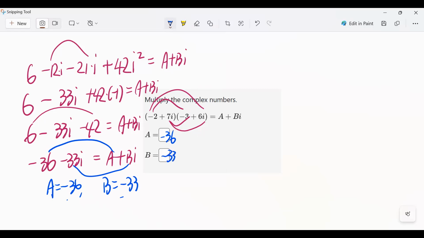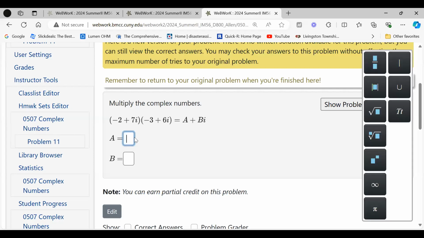So simplifying, combining like terms, that's an important step in the middle. So that's how we get to the bottom of this question. So minus 36, minus 33. Both negative.